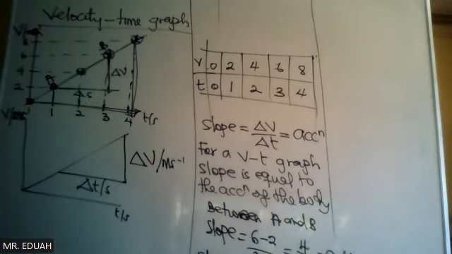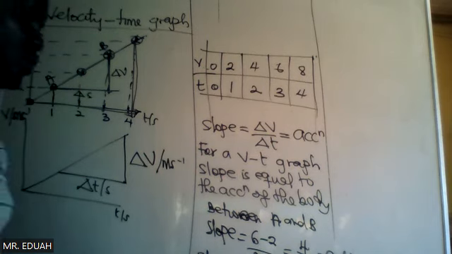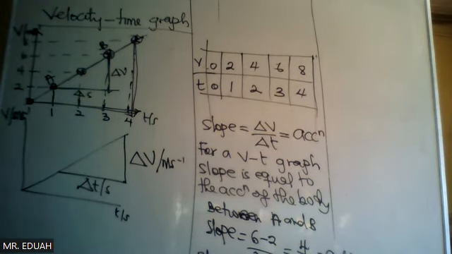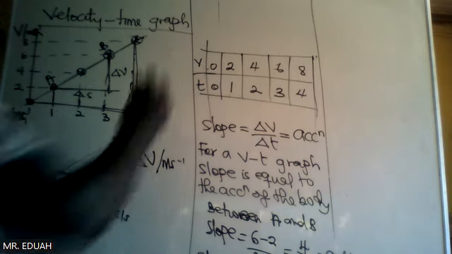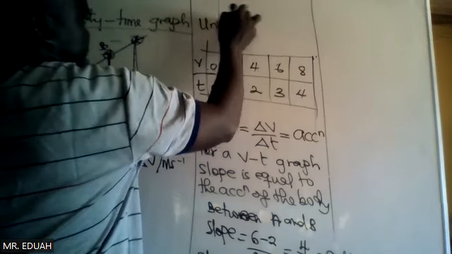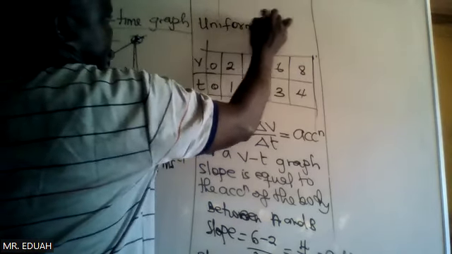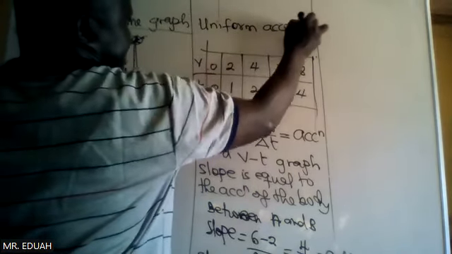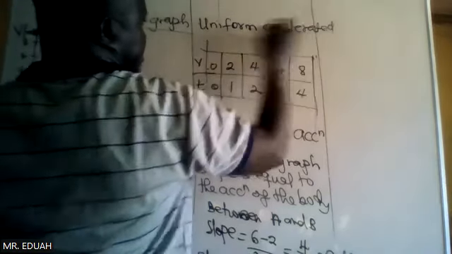And because the slope of a velocity time graph is equal to acceleration, we term this motion as uniform accelerated motion. Uniform accelerated motion.